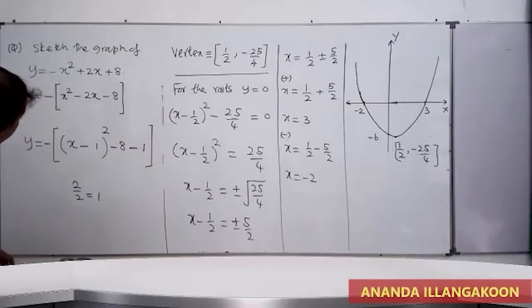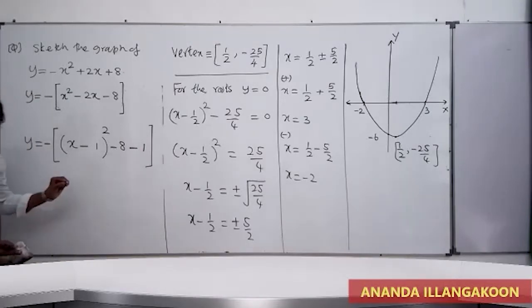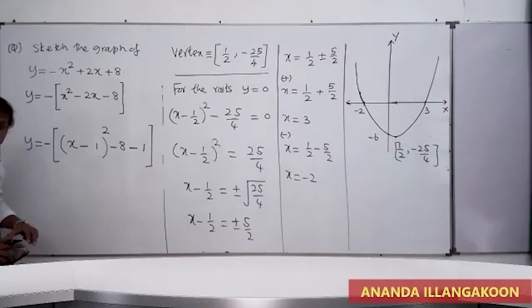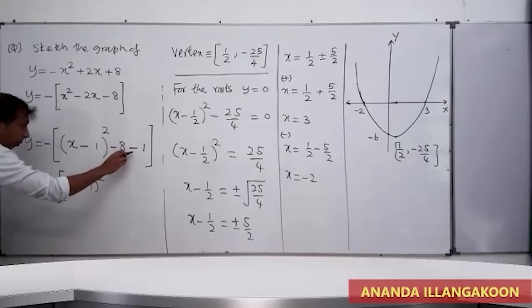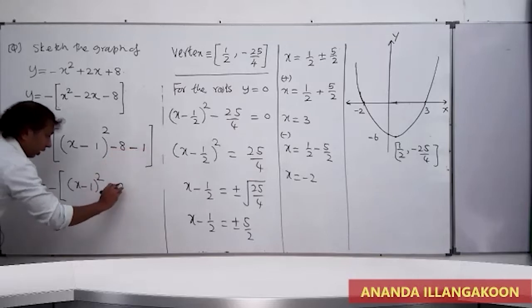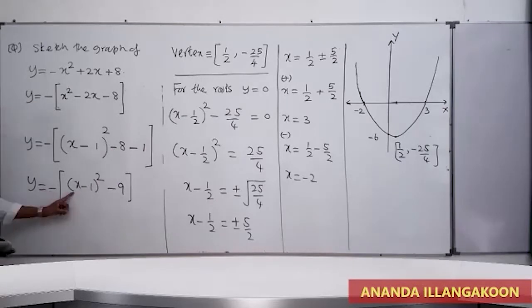Now, we don't determine the coordinates of the vertex with the steps like this. People, we have to simplify this further. Right, (x minus 1) perfect squared, minus 8 minus 1 is minus 9. Now multiply by this minus sign.